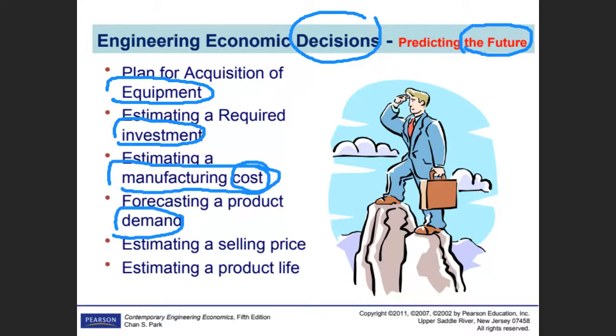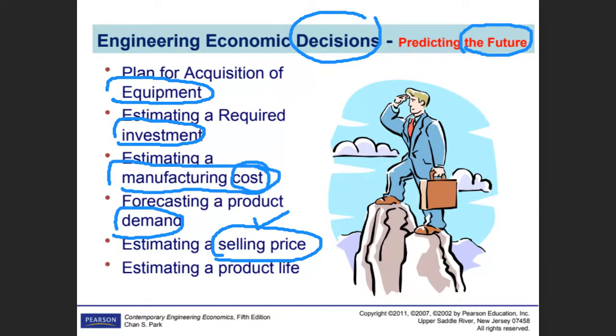What would be the selling price? You say, okay, the selling price for our car or our product should be this much based on our cost and a profit. But maybe people will not be able to buy it in the market. So you have to adjust it, or maybe the price is okay. So you have to estimate a selling price. As an engineer, you have to do it.